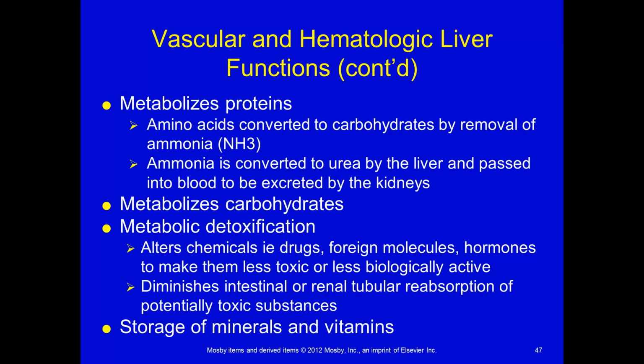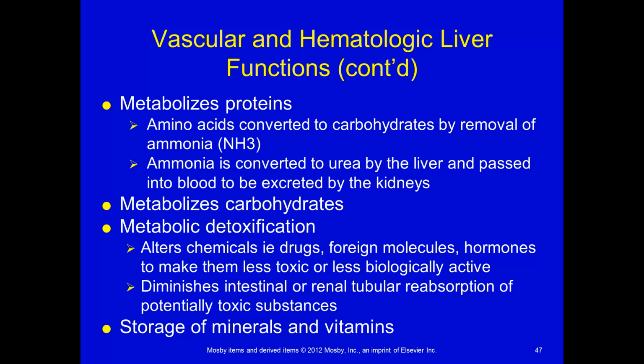When we talked about the renal system, we discussed how ammonia and urea, more specifically, is a byproduct of cellular metabolism. And so this is where that process begins, when the amino acids are converted to carbohydrates by removal of that ammonia.